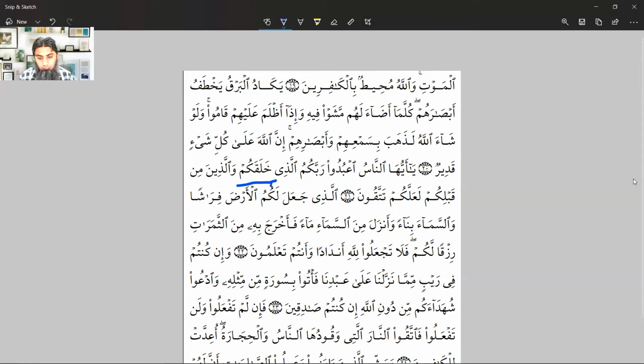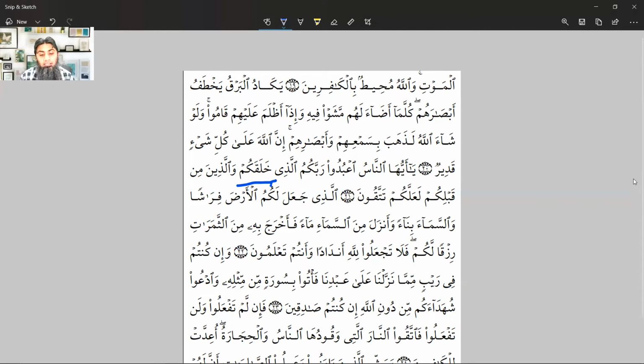La taj'alu lillahi, it's jar majrur mutalik bil fi'l. Andadan, this is maf'ul. Excellent. Wa antum, so then a new sentence starts here. Antum is mubtada. Excellent. And ta'lamun is khabar.